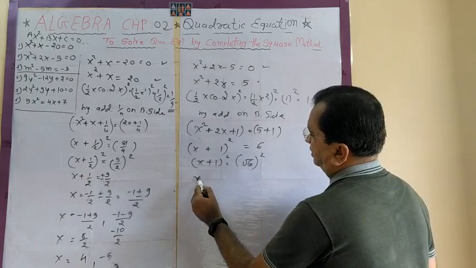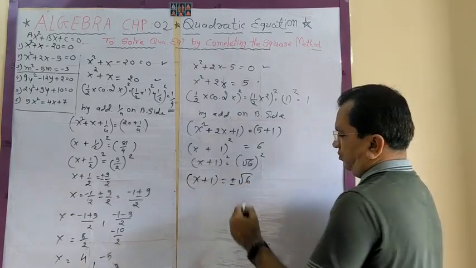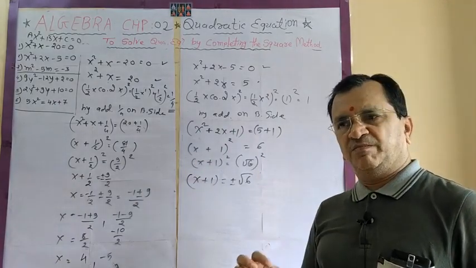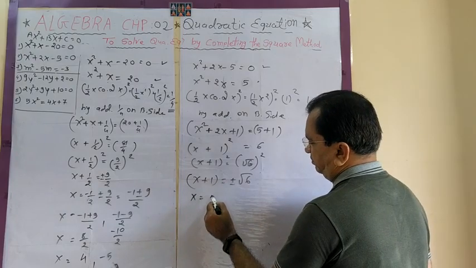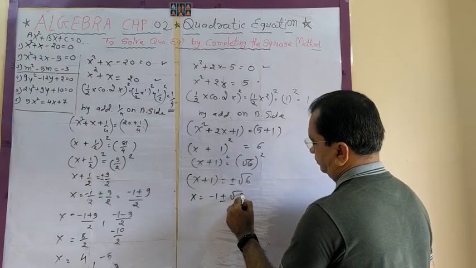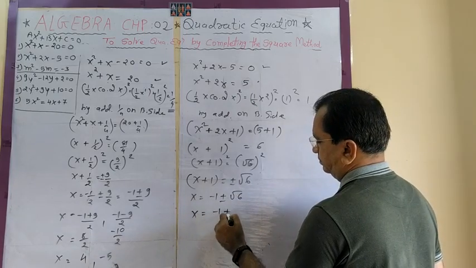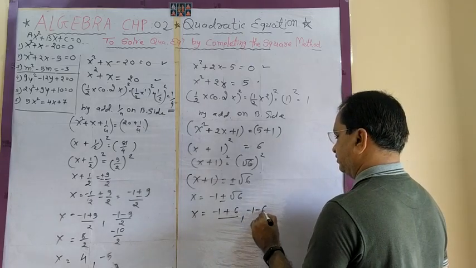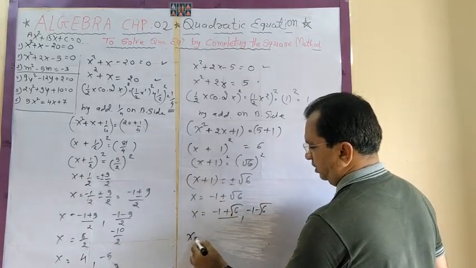By taking square root on both the sides, plus or minus. While taking square root, you have to write plus minus. Now this jumps to this side. Make separate. Plus and minus separate. Now this is the solution.